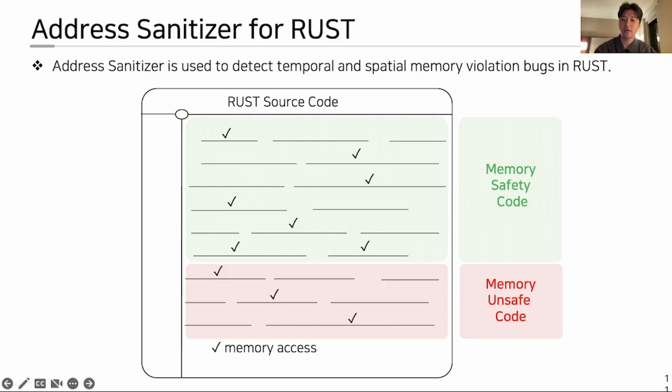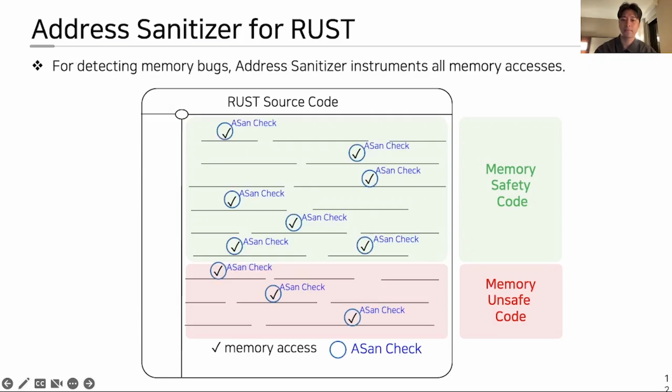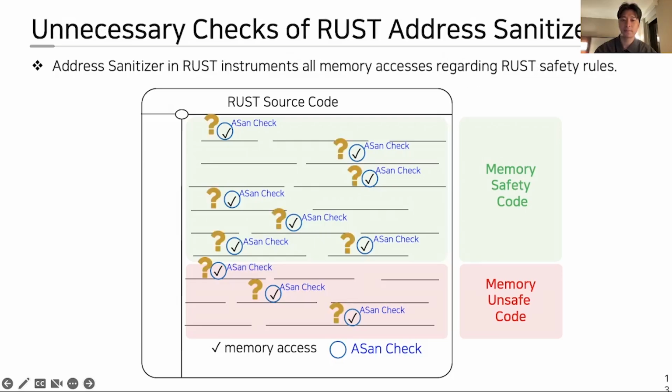More specifically, let's assume that we just adapt Address Sanitizer to a Rust program as it is. Considering the safety rules, we can divide memory access sites into safe and unsafe code areas. If we apply Address Sanitizer to a Rust program as it is, it instruments all memory access sites without consideration of the Rust safety rules. It indicates that memory-safe code is inspected twice, by the Rust compiler and Address Sanitizer.